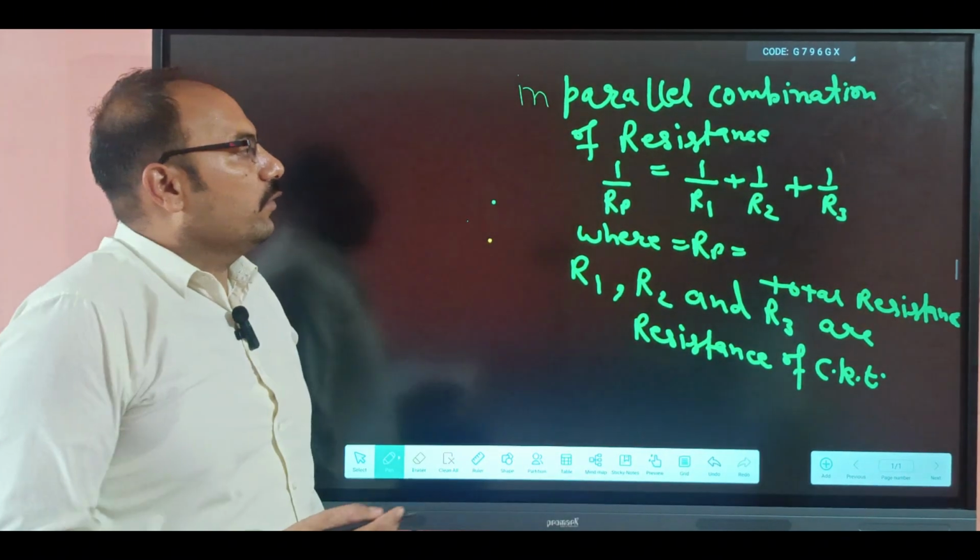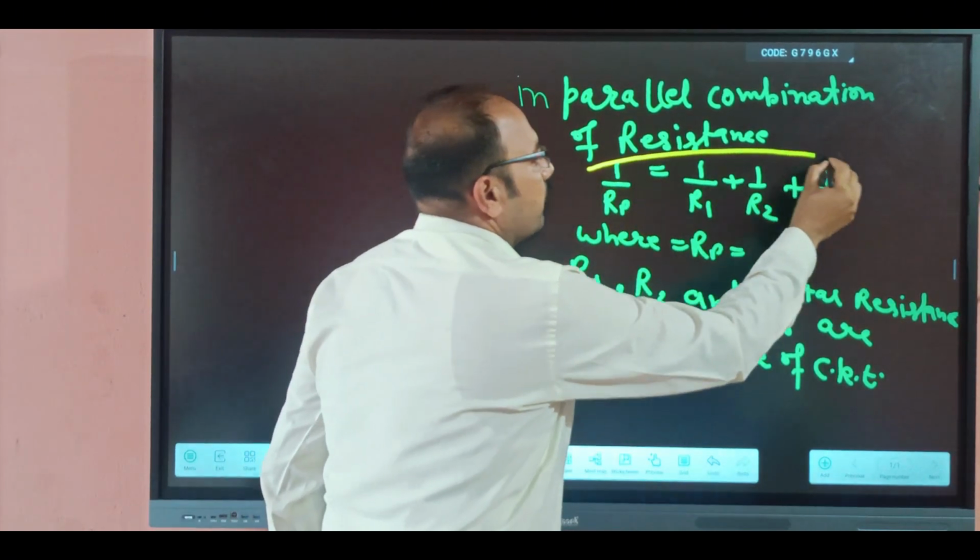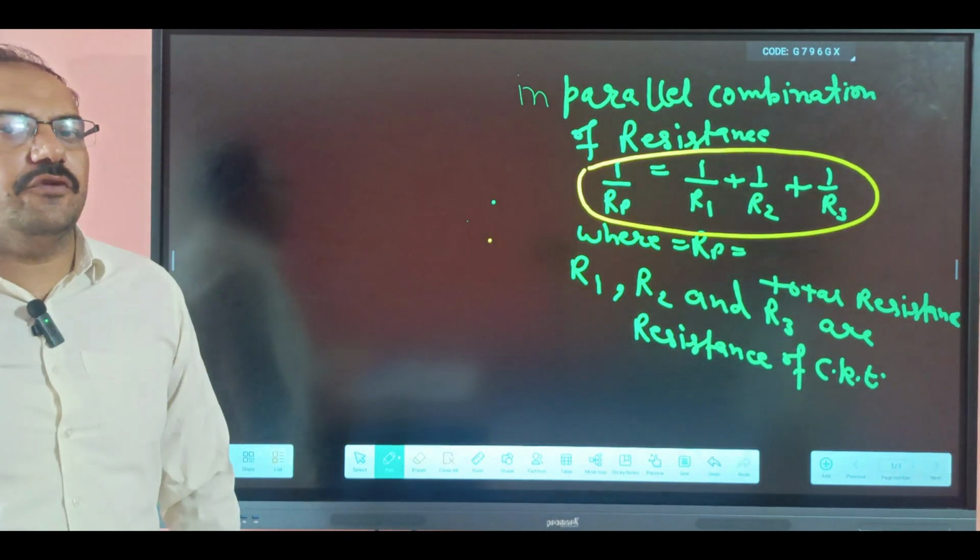So we can find the total resistance of a circuit using this formula.